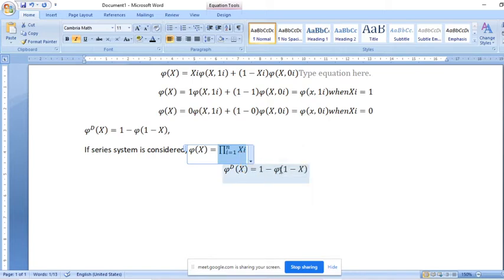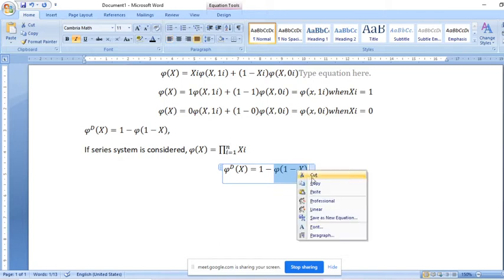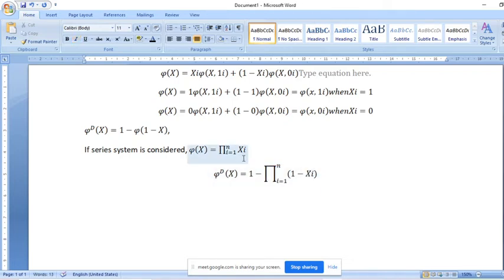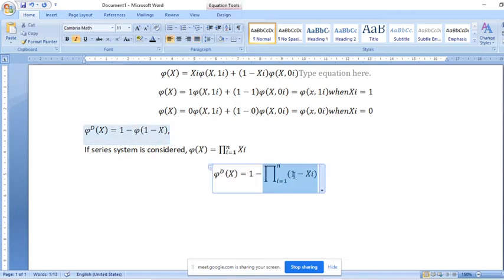So what will be this one? Instead of xi we use 1 minus xi. So we can substitute this and replace with 1 minus xi. We have replaced phi of 1 minus x with the product over i from 1 to n of 1 minus xi.